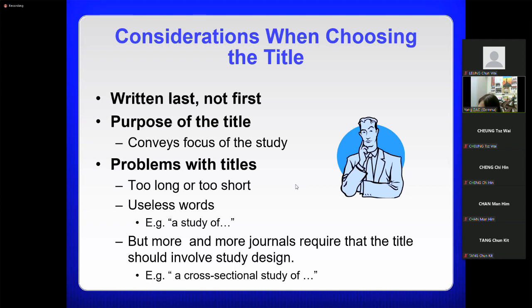So based on the study design, the readers will understand more about the limitations or the advantages of that study. So that's why. In short, "A study of" should be avoided in your title. However, you are encouraged to state your study design in the title, like this one, cross-sectional study. It's a cross-sectional study design.